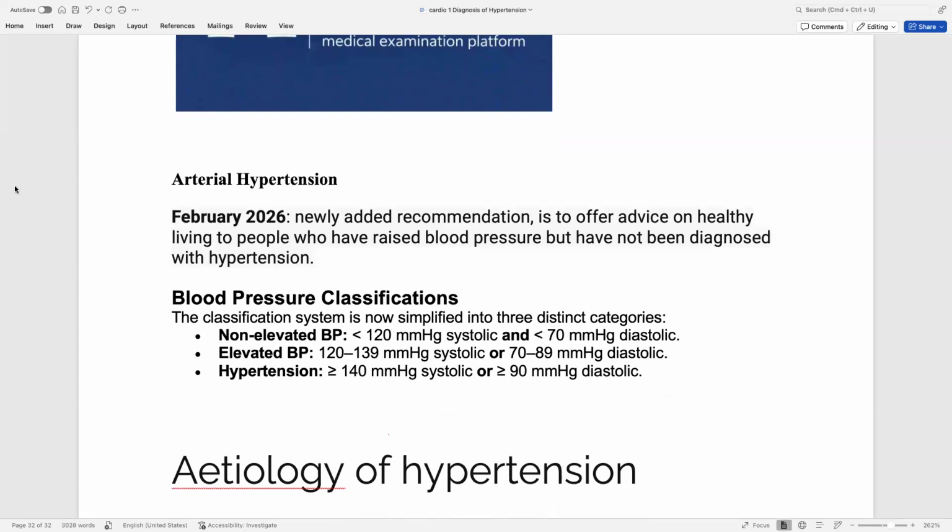for example, if I told you this patient's blood pressure is 120 over 90, is this hypertension or not? Yes, hypertension.